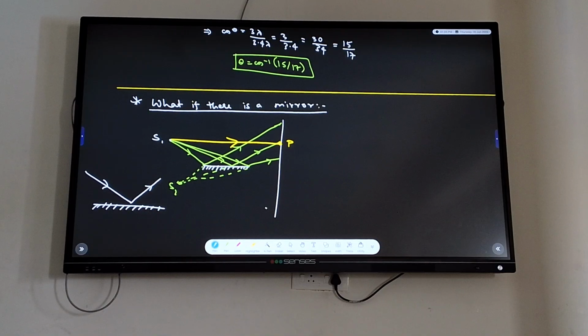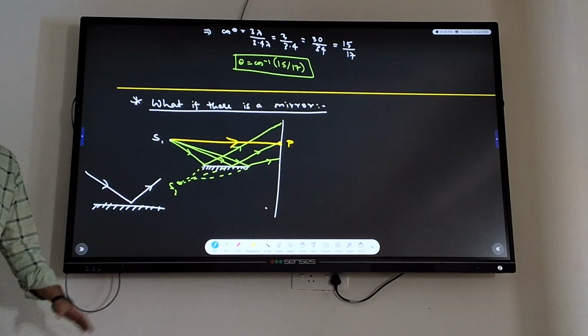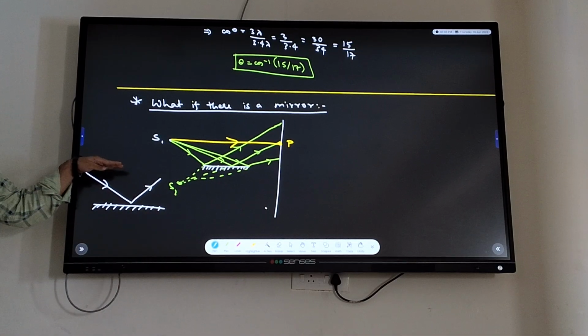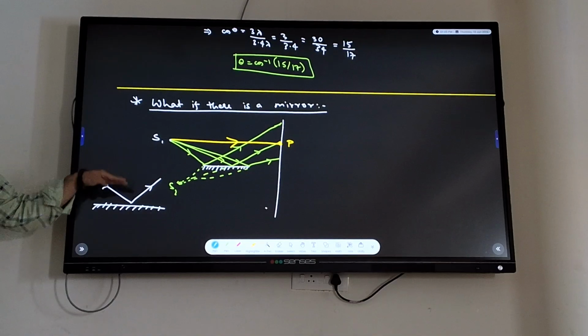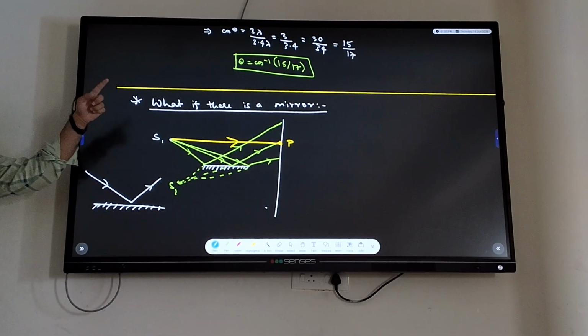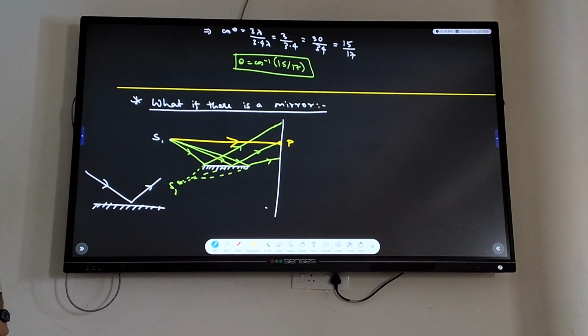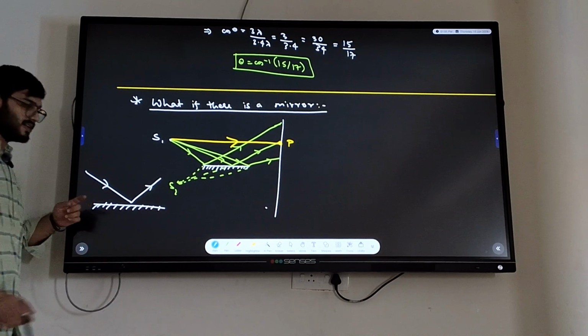Nothing happens then. This mirror, what is it made up of? Some kind of glass. Your air, this is an air medium. It's going from an air to a glass medium and then it reflects. So a rarer to denser, what happens then? Phase reversal by pi radians.